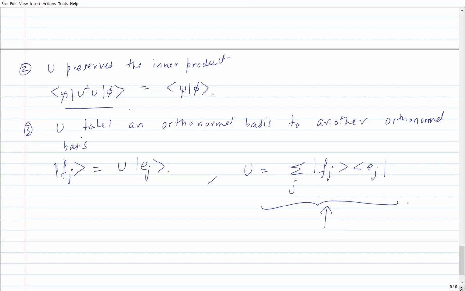What else do we want to do over here? Okay, so we saw Hermitian operators, we saw unitary operators and their various properties. So let's talk about projection operators.